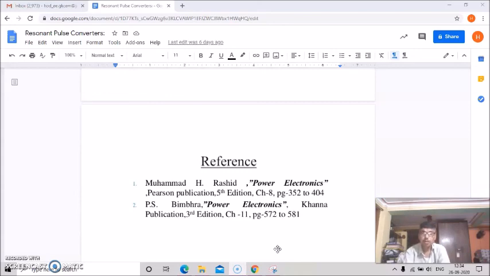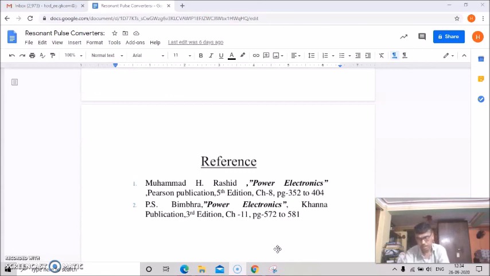So this is all about resonant pulse converters, and I hope you will get some idea about why it is used, how it can be modeled, and how it operates.